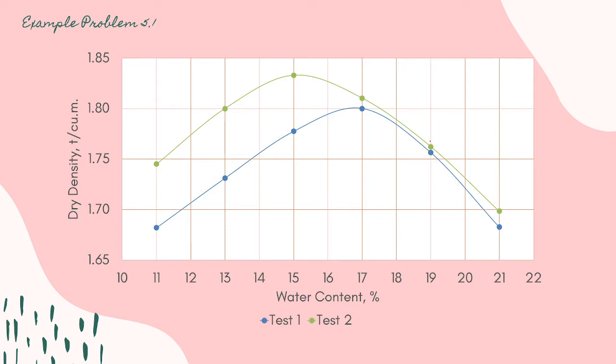You can see that for the first test, which is the blue, the optimum moisture content for test 1 is equal to 17%, while for the second test, the optimum moisture content is equal to 15%.